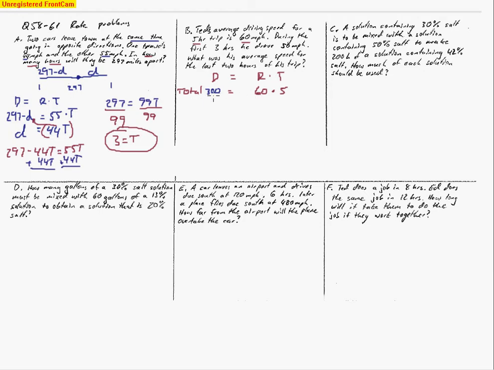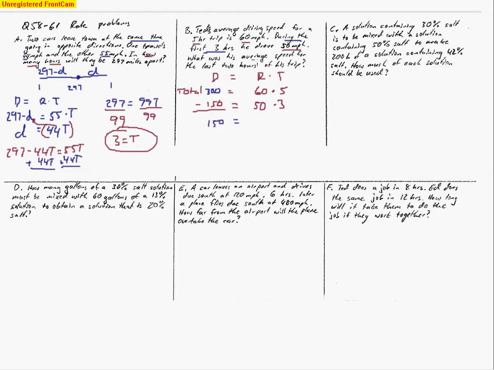Total distance is 300. During the first 3 hours, they ended up driving at an average speed of 50 miles an hour. So we multiply, and that makes 150. Subtract those two numbers, and the remaining distance is 150 miles.